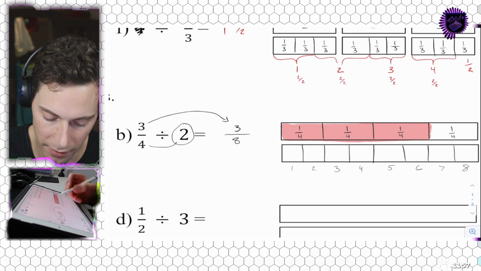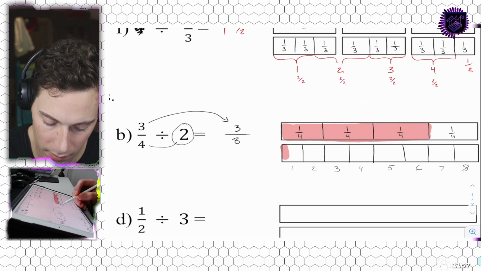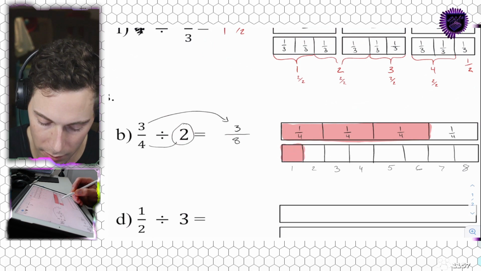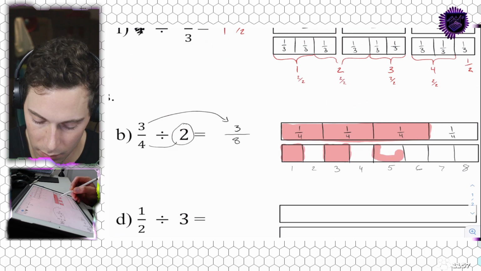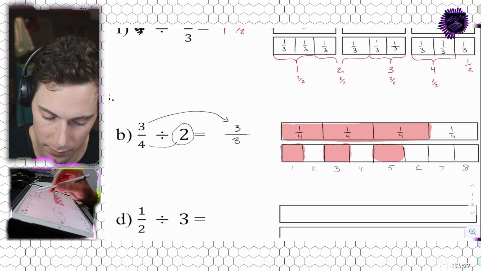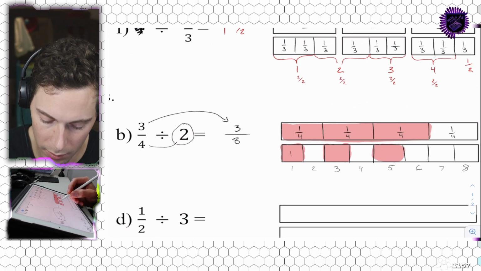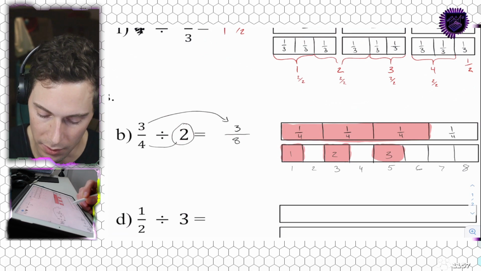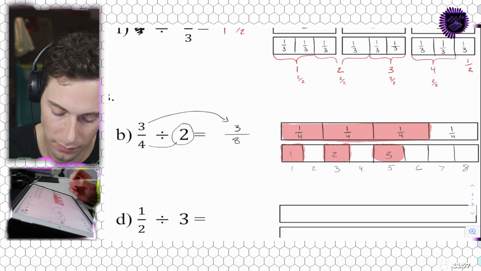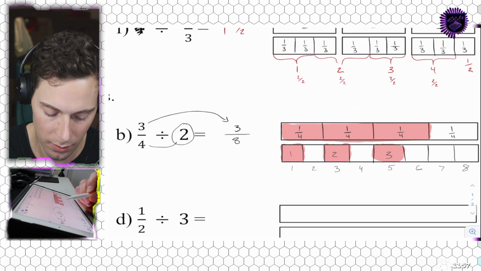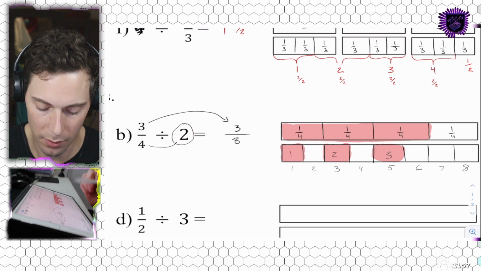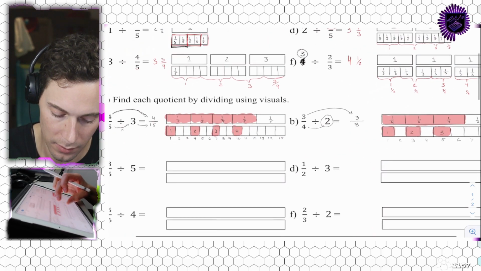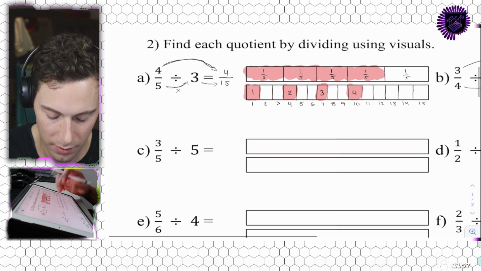And we're going to have one from every quarter. 1, 2, 3. So there's our two numbers. 3/8.